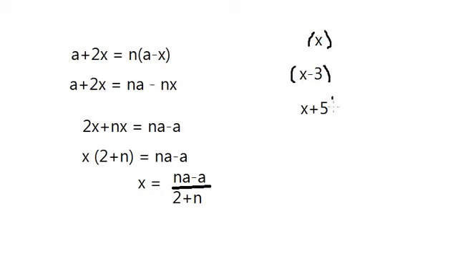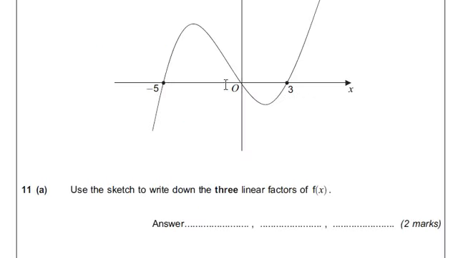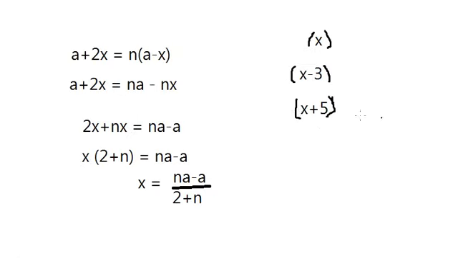That would be the answer to those. And if you don't understand, it's basically when x is 3, it's 0. So this is a factor because it intersects the x axis, so the y value is 0.